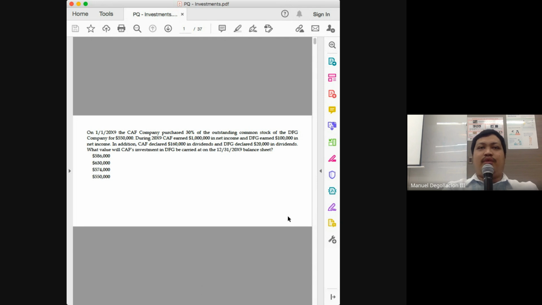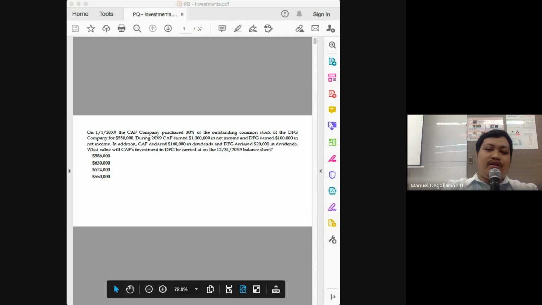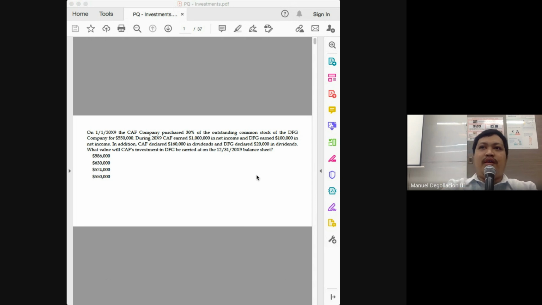If you do not use the equity method, you do not also use consolidation for parent and subsidiary. If you own less than 20%, what method would likely be used? You will be using, starts with letter C, cost model or the cost method. Which one is easier, the cost model or the equity model? Cost model, because under the cost model, no fluctuations to the balance of your investment.